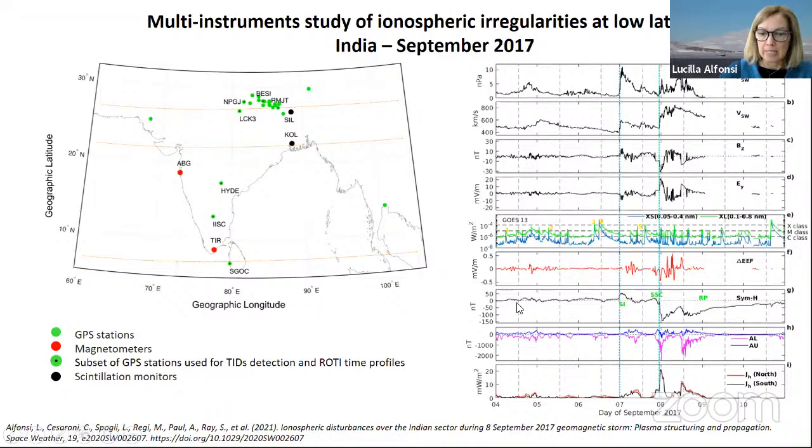This was the behavior of the geomagnetic storm with the strange two-phase storms, in the sense that after a first recovery phase, we see another minimum, and then a slow but long recovery phase after the second minimum of the SYM-H.